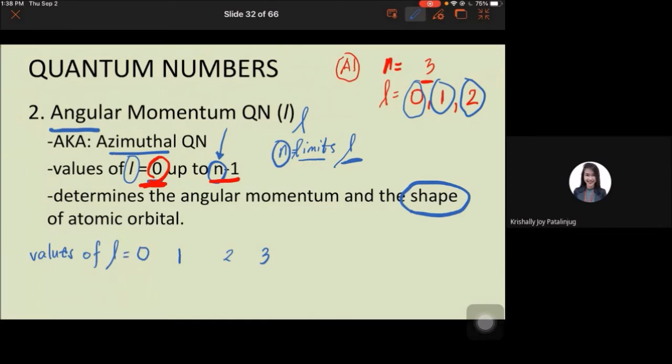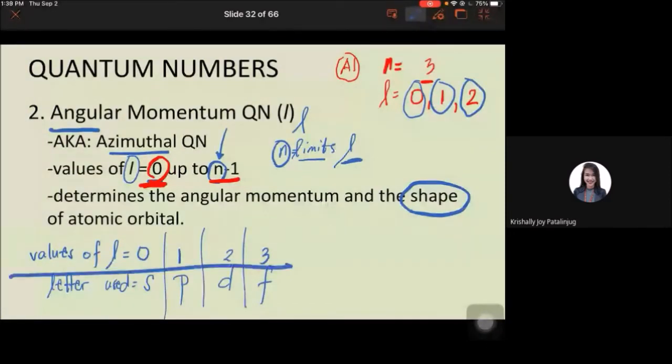Yung letters po that correspond to each value, they describe shape. So, for instance, if the value of L is 0, the letter that designates 0 is S. Kapag 1, P. Kapag L is 2, D. Kapag L is 3, F. This is fixed. You have to memorize this.